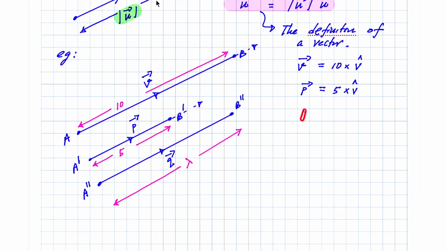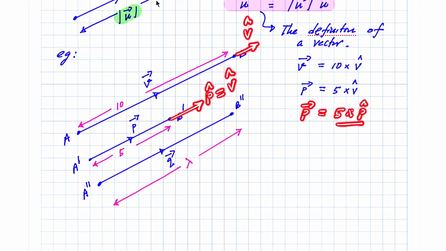One might think of writing 5 times P hat, and yes, you can do that. P hat direction and V hat direction are the same, so you can use either.